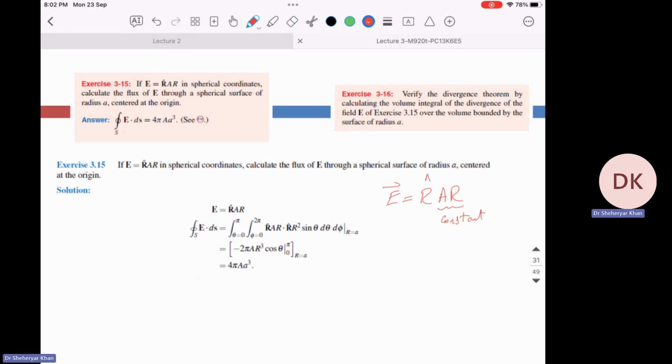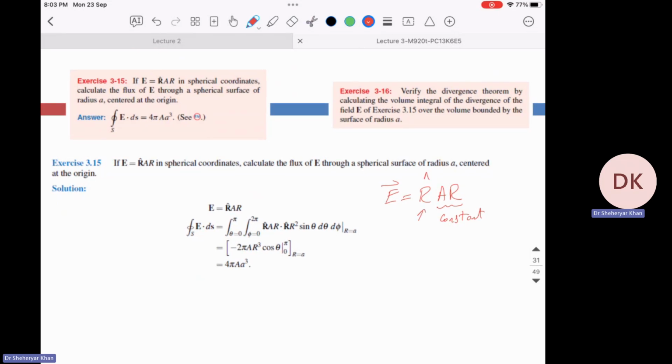Do you know how to draw this field? Because the direction is radial, so it's a sphere, right? So the amplitude is AR, which is constant, and the direction is R. That means a sphere that has radius.